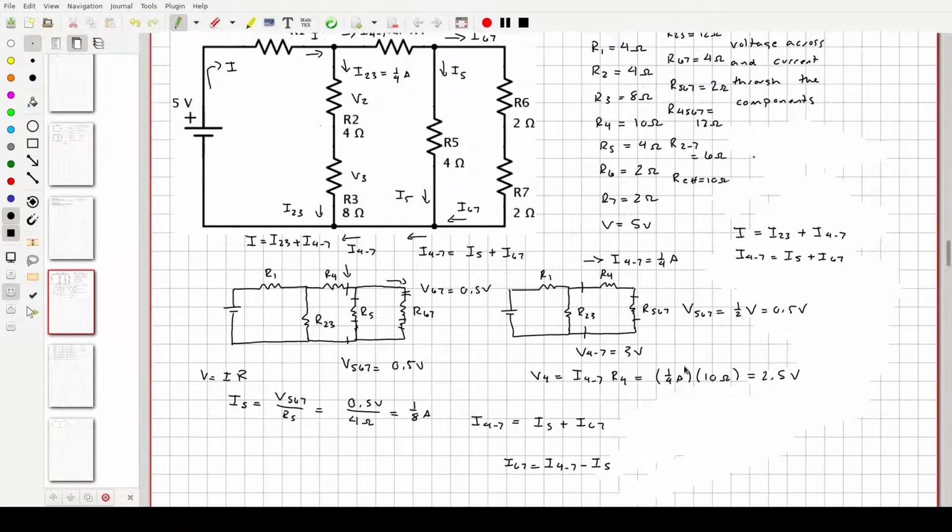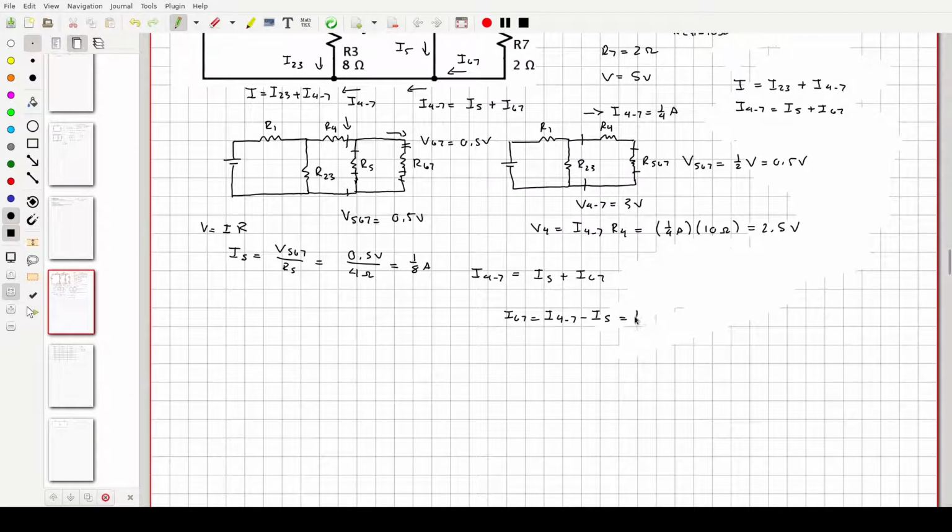I4 through 7 is a quarter of an amp. I5 we found was 1/8 of an amp. The common denominator is 8, so that would be 2/8 minus 1/8, so an eighth.